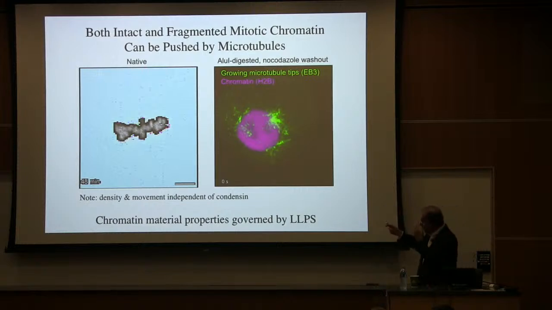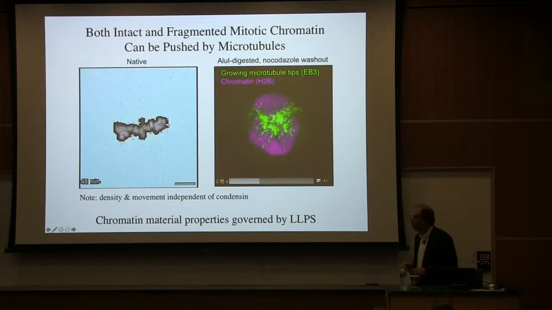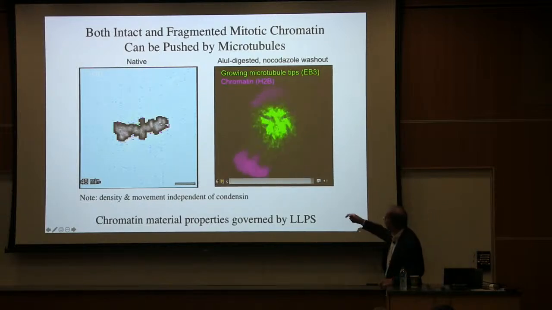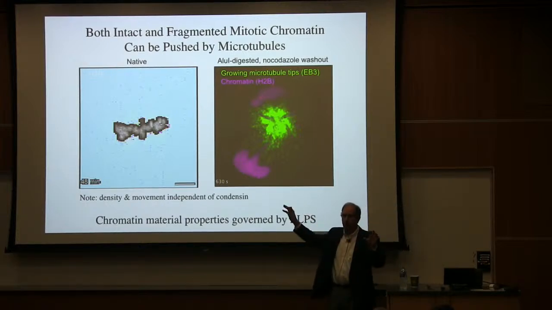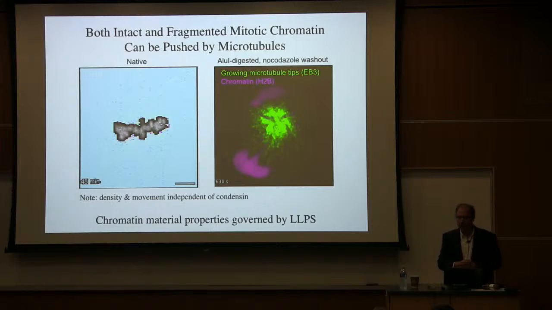In the cell on the right, the microtubule network has been disassembled with nocodazole, digested with nuclease, and then the nocodazole was washed out. What you're looking at is microtubules in green, and you can see that as the microtubule networks reform, the liquid-like chromatin gets pushed around out to the cell periphery in ways that seem analogous to the way native chromatin gets pushed around when it's intact.